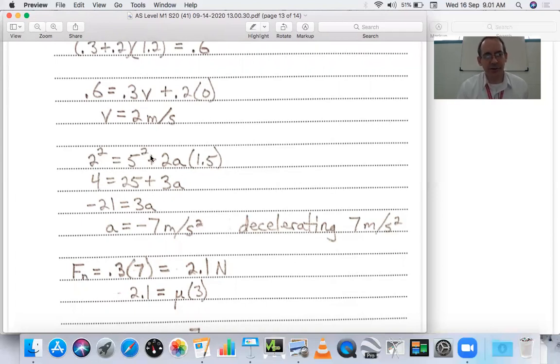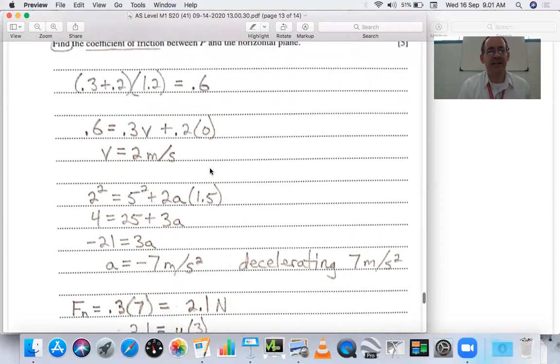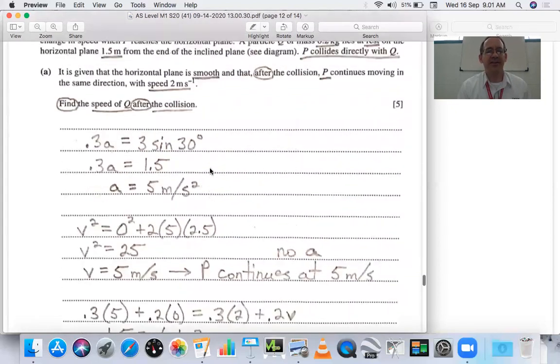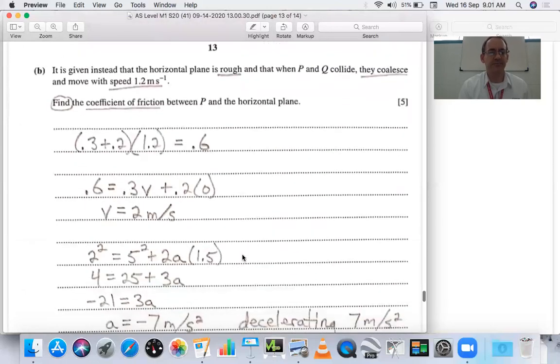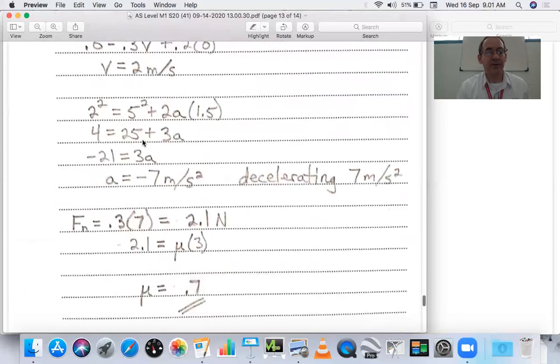So v squared equals u squared plus 2as, and we know that the distance along the horizontal was 1.5 meters, which was given. So we plug those in and solve for the acceleration as negative 7 meters per second squared. The negative means it's decelerating at 7 meters per second squared.